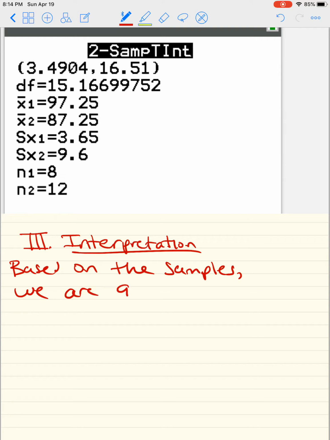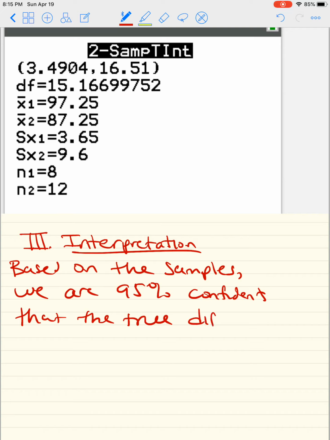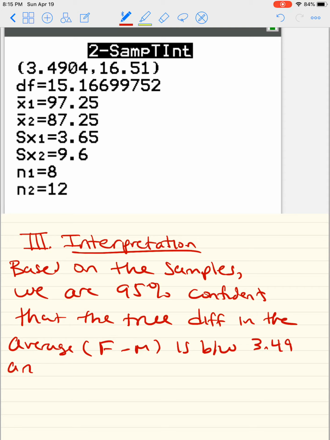We are 95% confident that the true difference in the average, and then you could put, you remember, females minus males, is between 3.49 and 16.51, let's say, points. That's your first sentence. It's just the general sentence, okay?